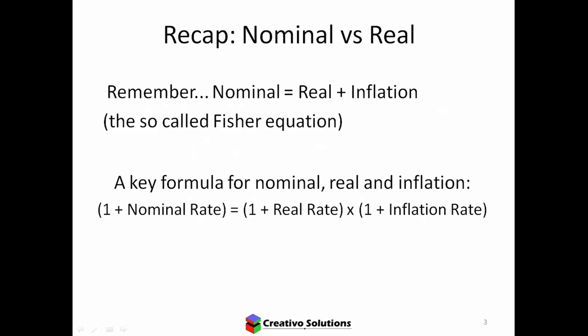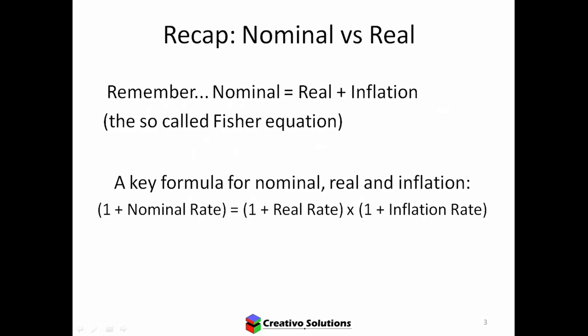The first thing we need to do is just recap a few things from the previous week. So remember, we're looking at the differences between nominal and real returns. Just remember, when using the actual formula to work out the relationship between nominal, real, and inflation, it's always advisable to use the actual real formula, using the 1 plus nominal equals 1 plus real times 1 plus inflation.